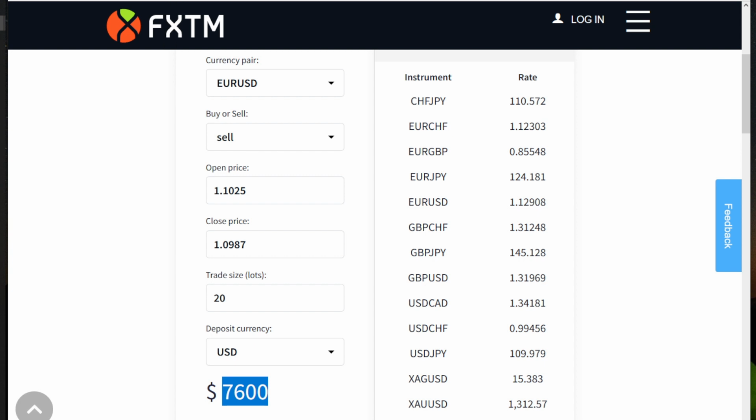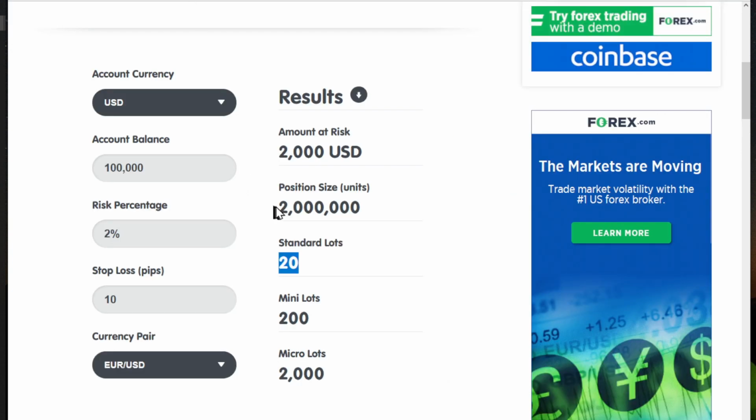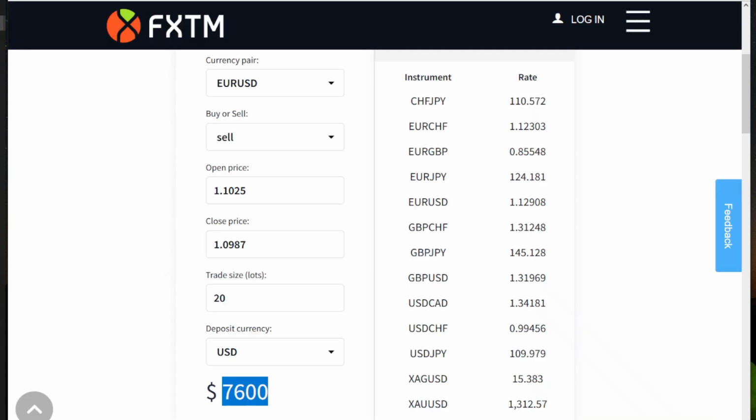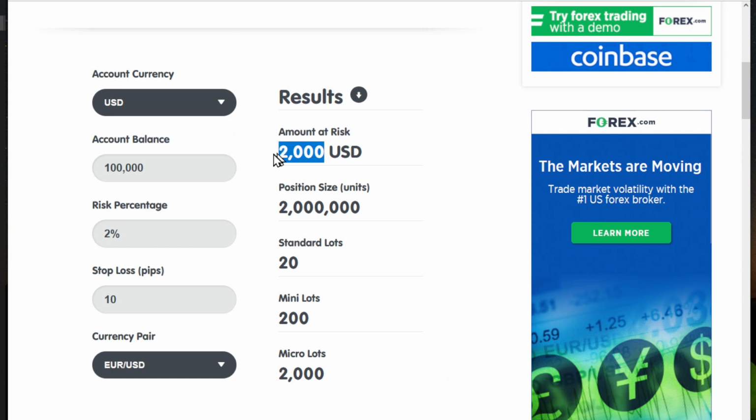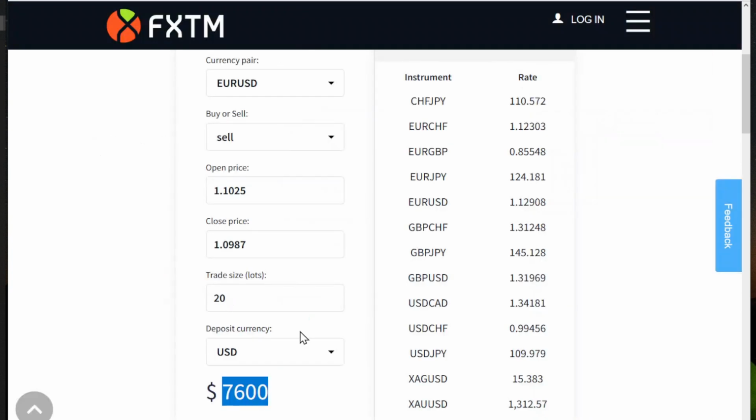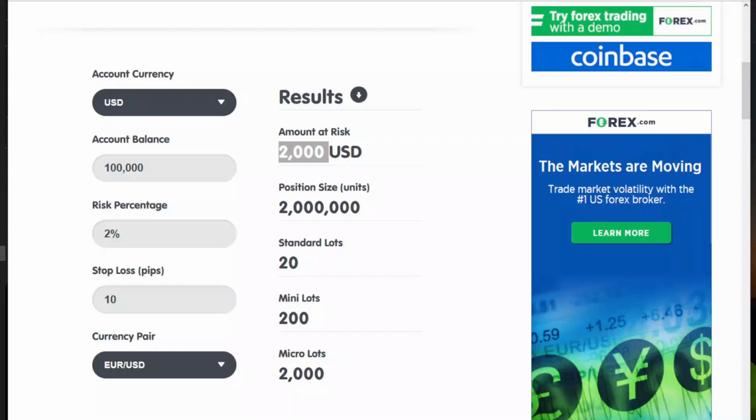So we can risk $2,000 to make possibly $7,600. So your small amount of risk could make you quite a bit of money.